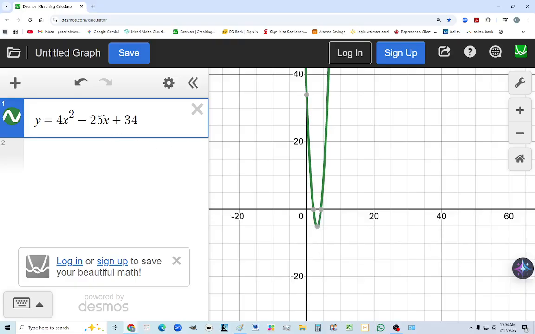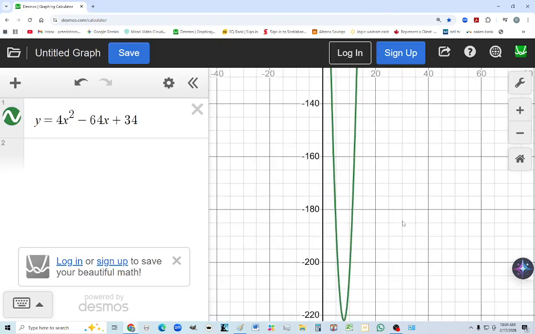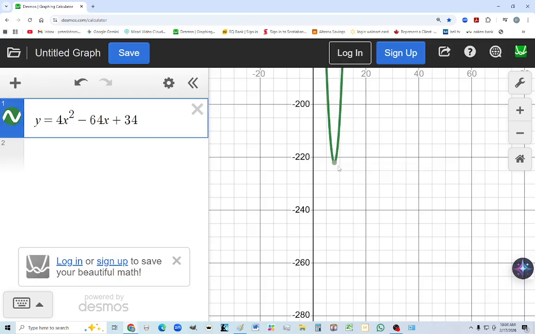Not quite. 20. Trying to find one with nice even x-intercepts. We're going to go with a multiple of 16. We're going to go 64 maybe. Almost there. Well, that's pretty extreme. So we're going to maybe make that something simpler, like 16, 12 maybe. 12 will work.